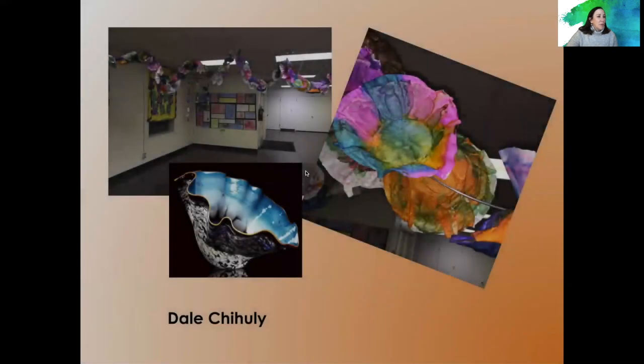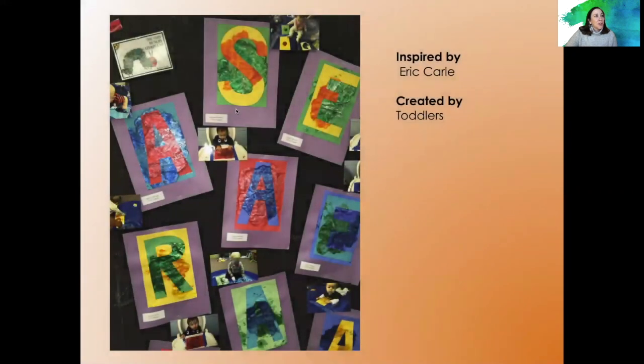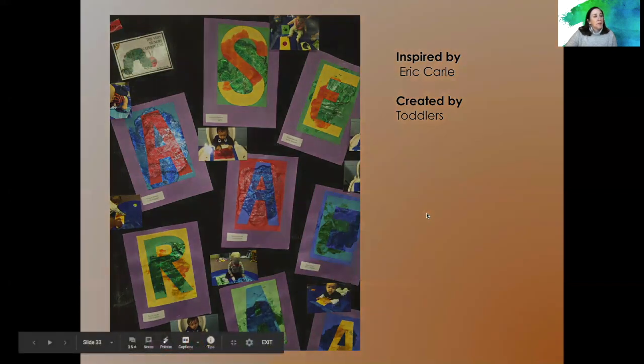Really the colors are inspired by Eric Carle there. And as you can see, we had pictures of them doing the work too, which is cool. Some of them were in high chairs, some of them were down on the floor.